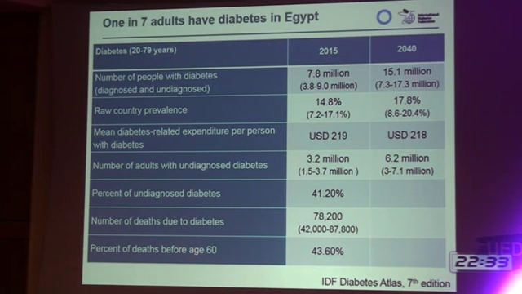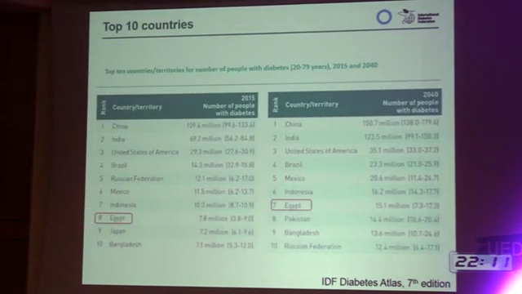And the percent of deaths before the age of 60, indicating young, early deaths, is about 44%. Probably that shows how good all of you are doing to look out for these patients. I don't want to say how bad. I really like to say how bad, but I'd rather say how good you are doing. But we have a lot of areas that we could improve for diabetes management in Egypt.